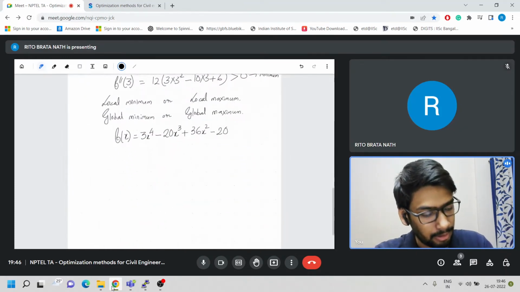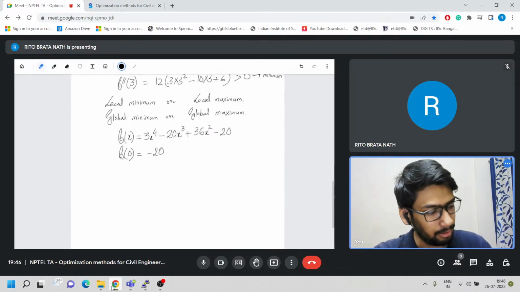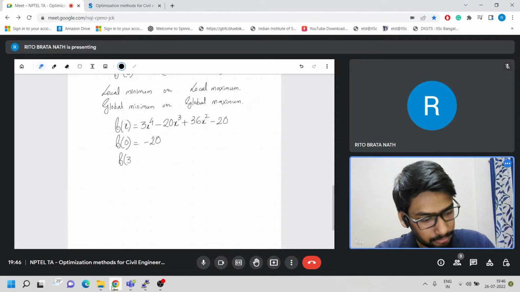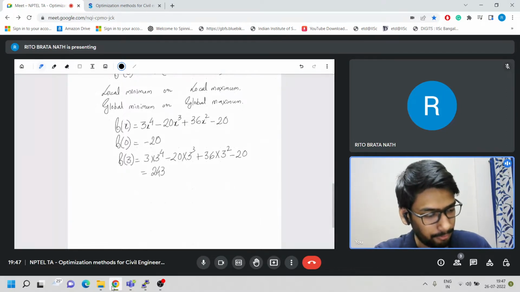Now if you put f(0), you will get minus 20. If you put f(3), this first part will be 243, that's 3 to the power 5.